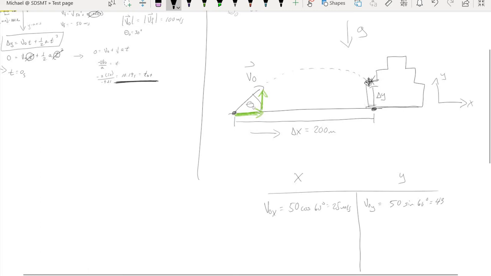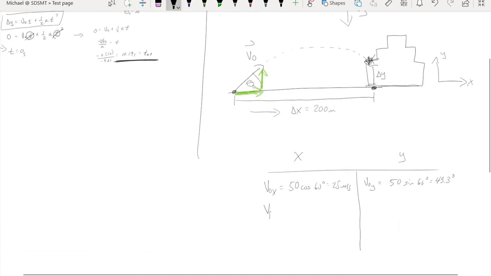And that will be 43.3, I believe. Just want to double check because I don't trust my brain to do this trig sometimes. So sine of 60 times 50, yeah, okay, 43.3.